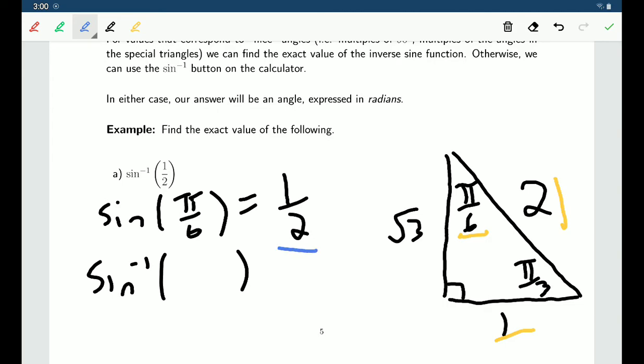Instead of 1/2 being the output, 1/2 will be the input. Instead of pi over 6 being the input, pi over 6 will be the output. So the answer to our question, what is the inverse sine of a half, is pi over 6. The reason it's pi over 6 is because sine of pi over 6 is a half.